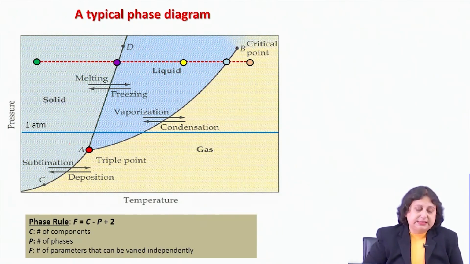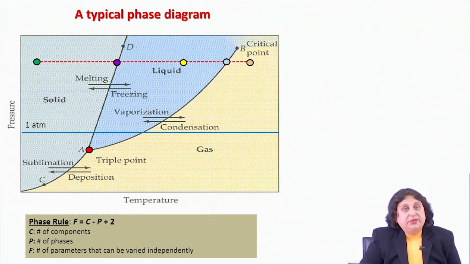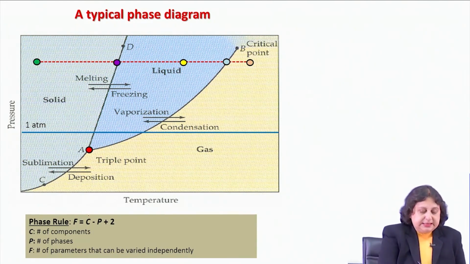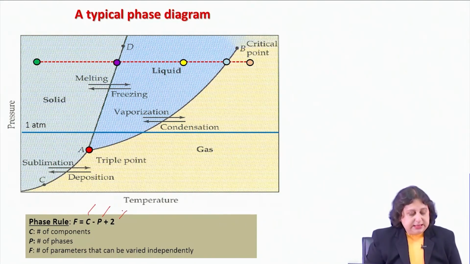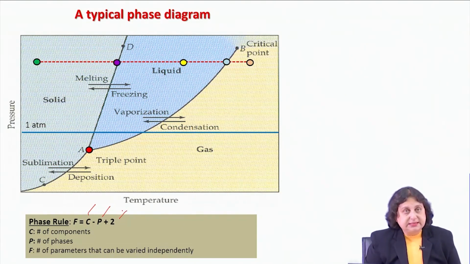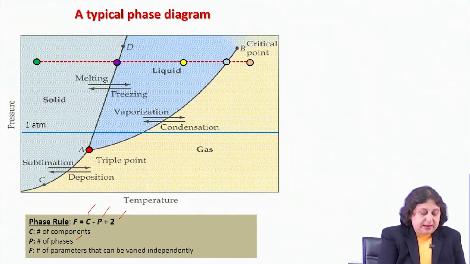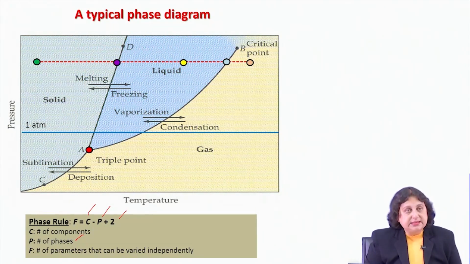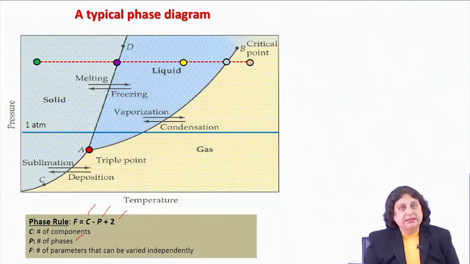The phase rule says that the number of degrees of freedom with respect to drawing of the phase diagram is given by F = C - P + 2. What is C? C is the number of components present in the system. What is P? The number of phases present in the system. And F is the number of parameters that can be varied independently to describe the equilibrium state of the system.